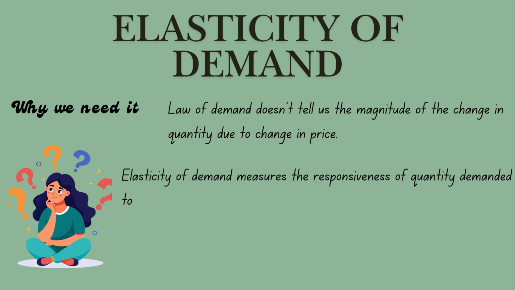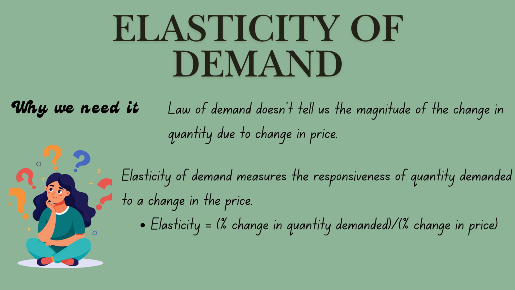Elasticity of demand measures the responsiveness of quantity demanded to a change in the price. It is measured as the percentage change in quantity demanded divided by the percentage change in price.